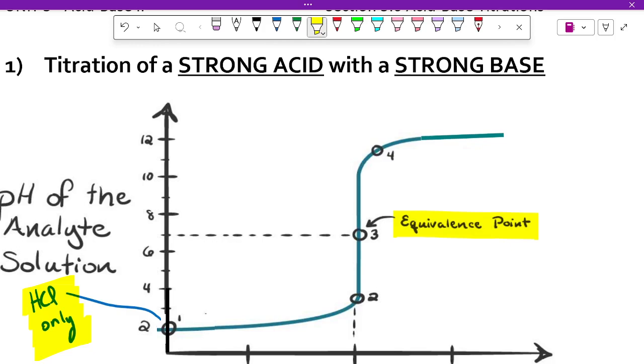After the equivalence point, all the way from point 1 to point 2, which of the two species is in excess? Remember, we have HCl plus NaOH, and this is the one that is added in.